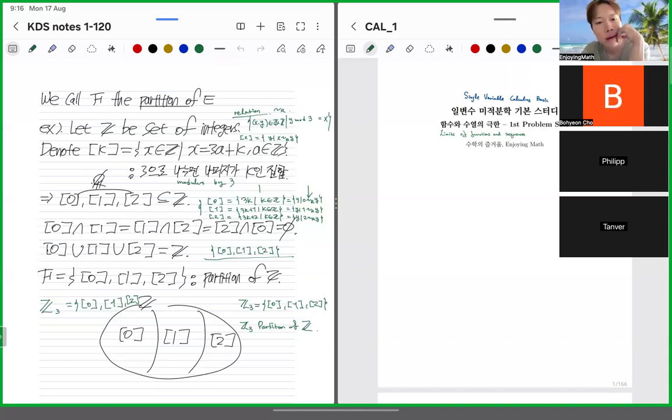As Philip pointed out, we are trying to group some things together, whether in the mathematical sense of equivalence or otherwise, so we want to group different things that have certain aspects in common.